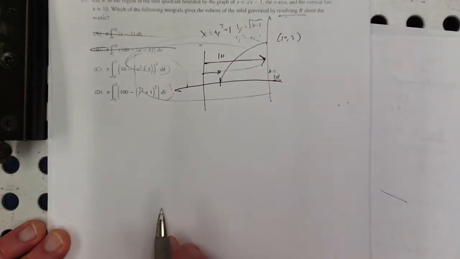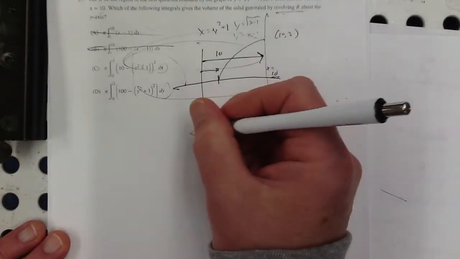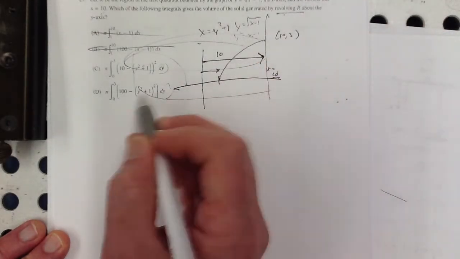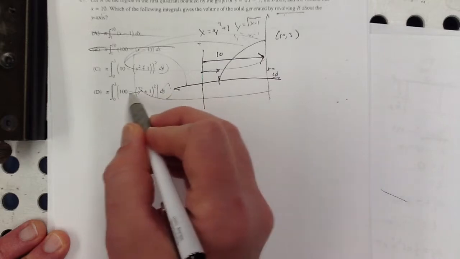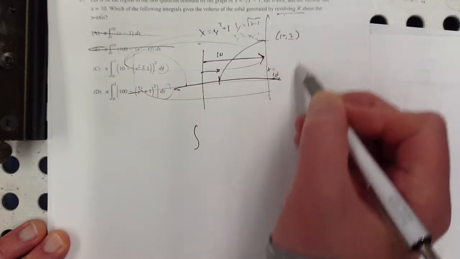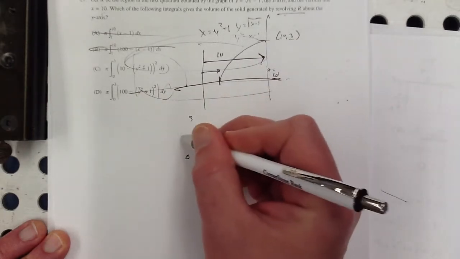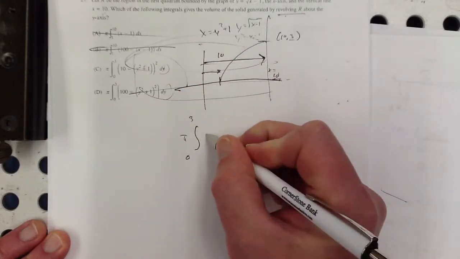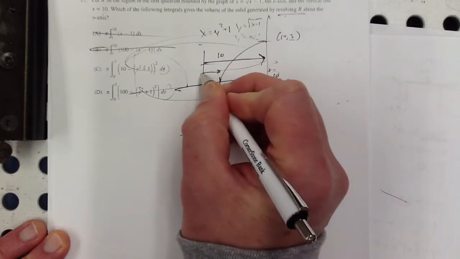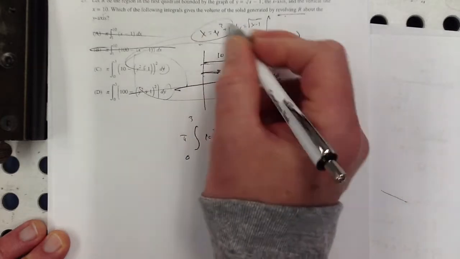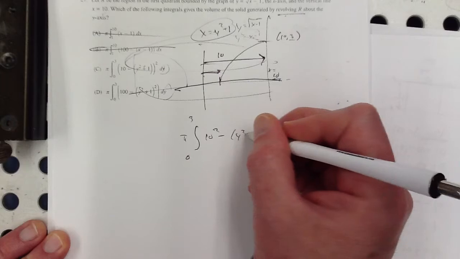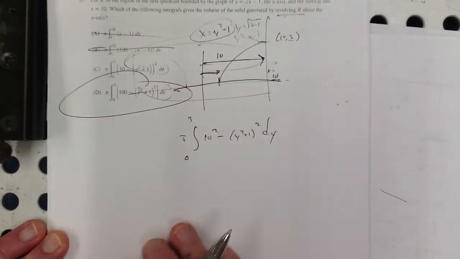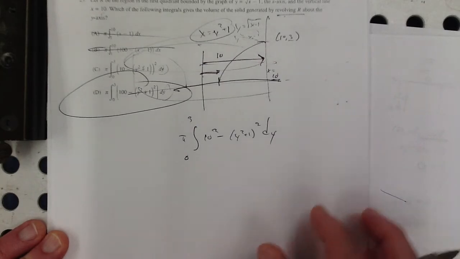Right, that's looking good there. So the integral would be from y values. Since this is a dy problem, I'm going from here up to here, so from 0 to 3. Outside radius squared minus inside radius squared. And that's the same as that. The 27 is D.